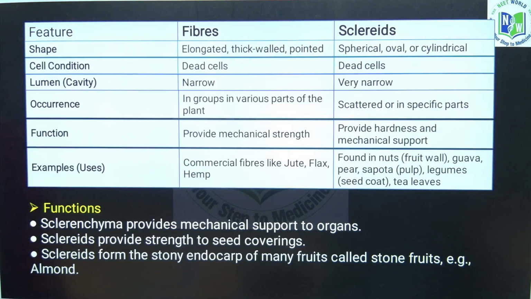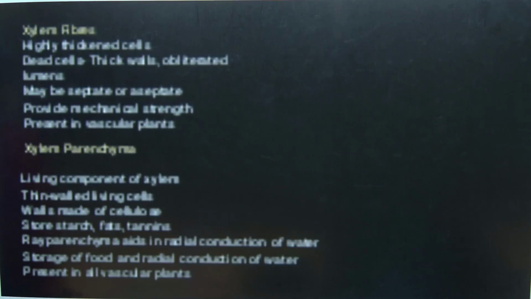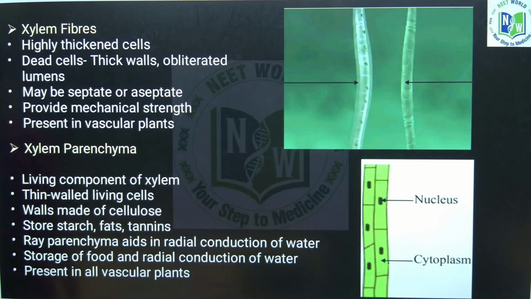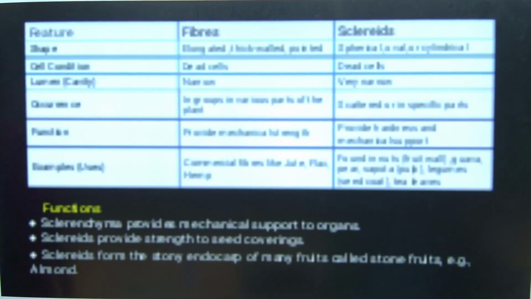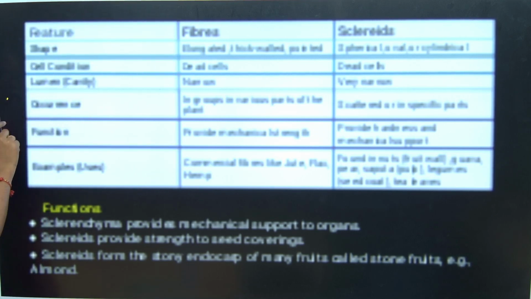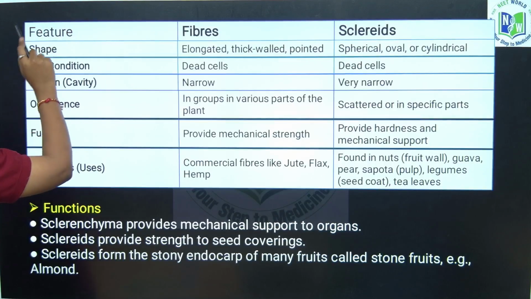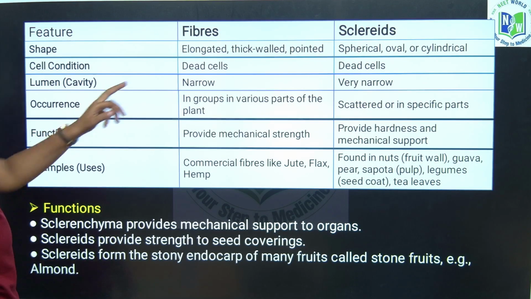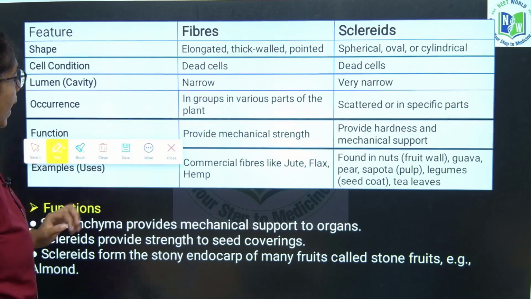Now, the differences between fibers and sclerids. If you look into the shape of fibers, they are elongated, thick walled and pointed.